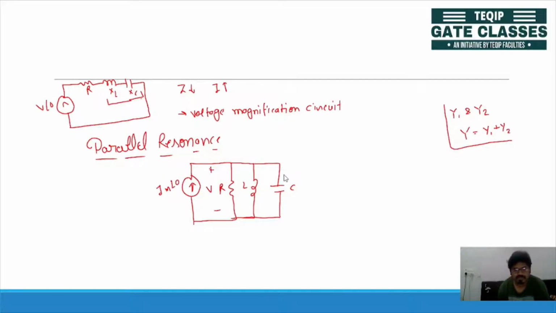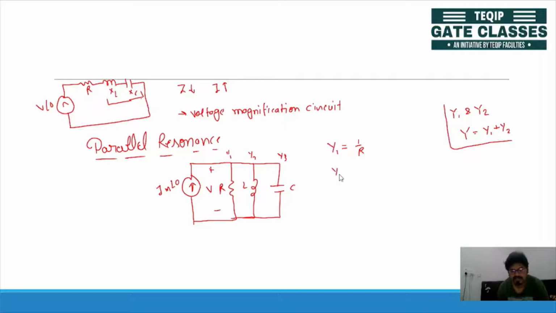So what is the admittance of the R branch? Let's say this is Y1, this is Y2 and this is Y3, the admittance of this branch. Y1 is 1 upon R; admittance is the reciprocal of impedance.